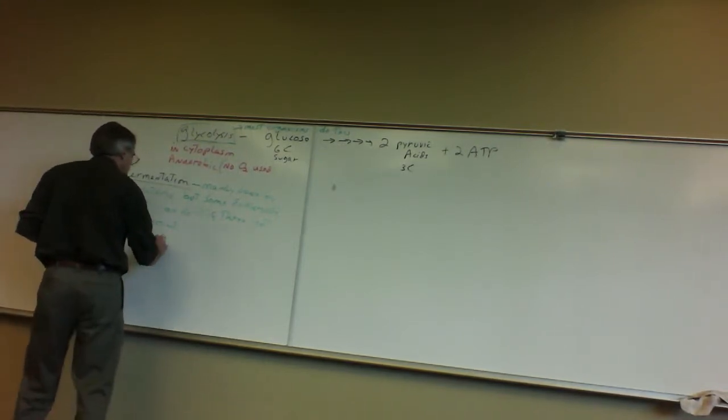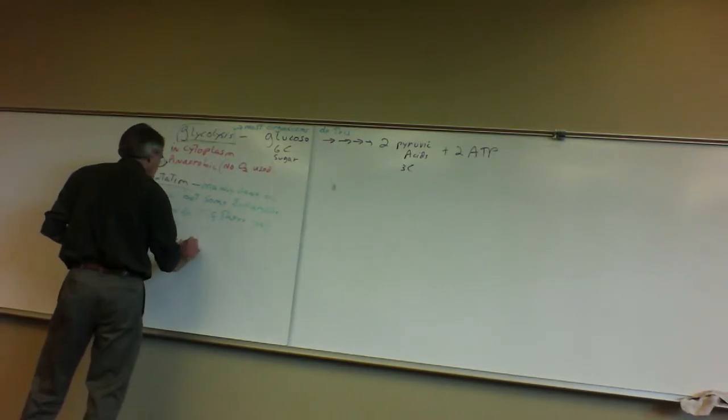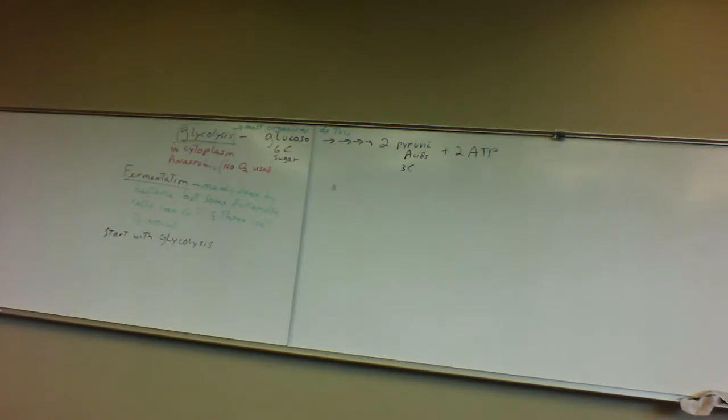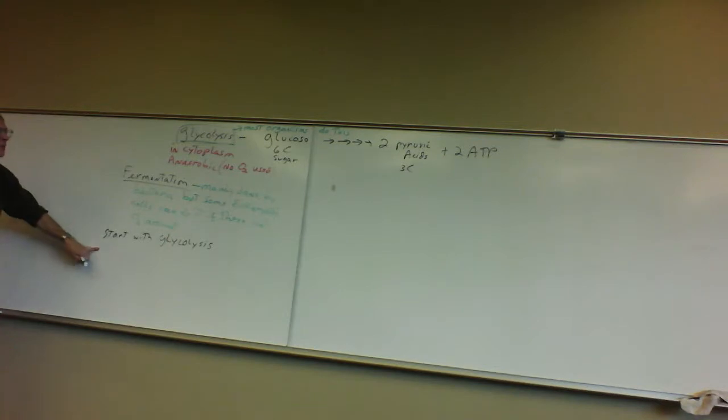We'll see that when we talk about cellular respiration, we'll also start with glycolysis. We don't have to, though. We can start with fats. We don't go through glycolysis with that. I'll get to that. But anyway, for fermentation, we start with glycolysis.